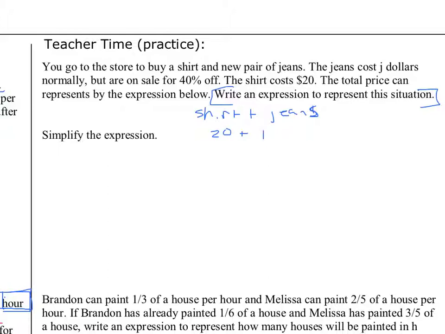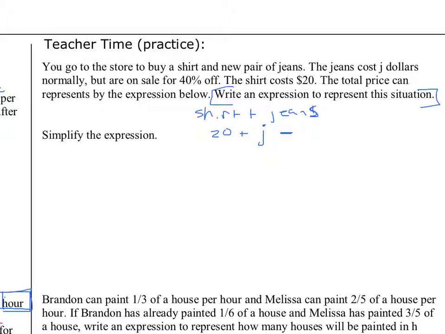The jeans add J dollars to our price normally. However, there is an amount taken off of that price. And what's taken off of that price is 40% of the value of the jeans.